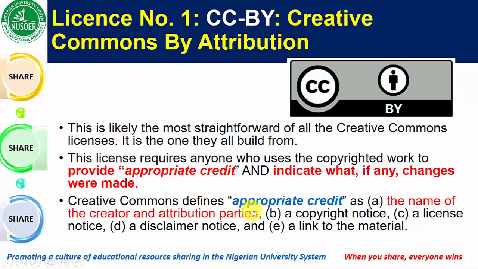Creative Commons defines it as the name of the creator and attribution party. That is, you let people know, say, this work from Olu Jegede that you are using has been attributed to Olu Jegede.